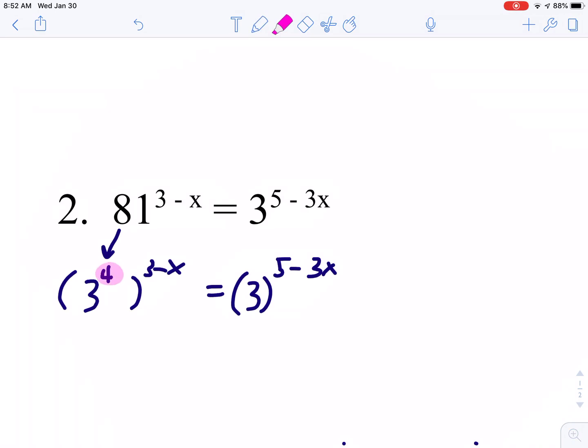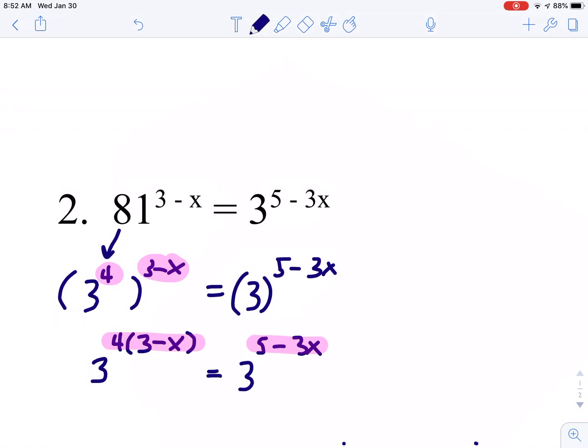All right, same thing as last time. We have a power raised to a power, so we're going to multiply them. So we get 3 to the 4 times 3 minus x equals 3 to the 5 minus 3x. What does that tell us? It tells us that these two things have to equal each other because the bases are the same.